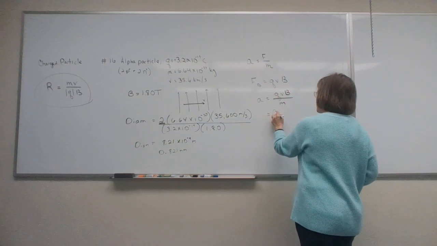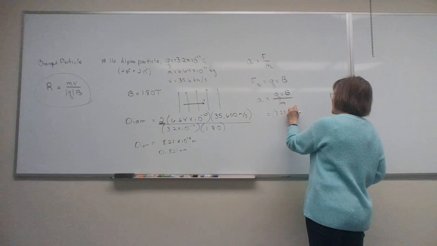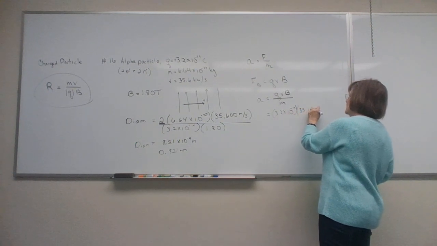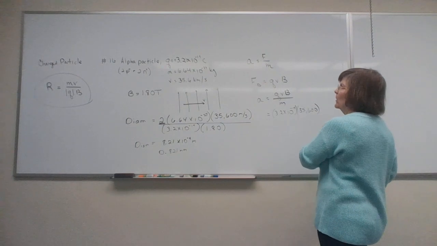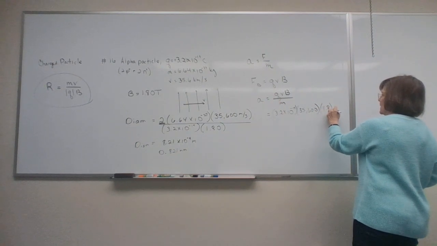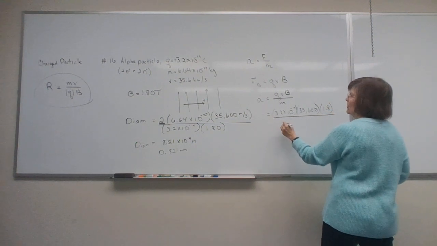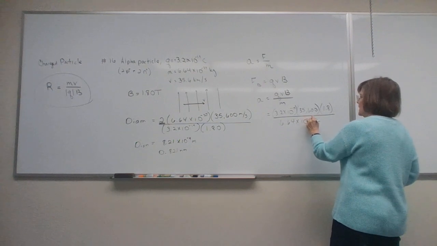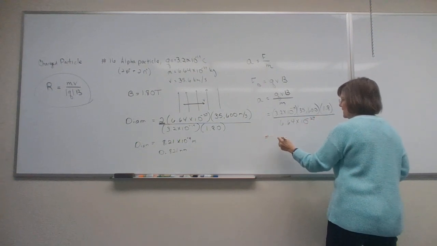So I've got the 3.2 times 10 to the negative 19, 35,600, B was 1.8, and the mass of that particle was 6.64 times 10 to the negative 27.